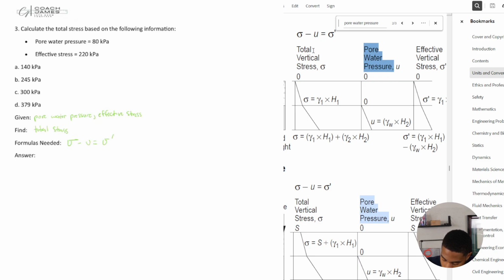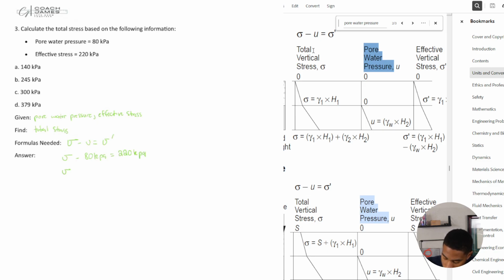Okay, I have effective stress. I have pore pressure, so I don't have sigma, which is what I'm trying to solve for, but I do have my pore water pressure, which is 80 kPa, and I know that that is equal to my effective stress, which is 220 kPa.